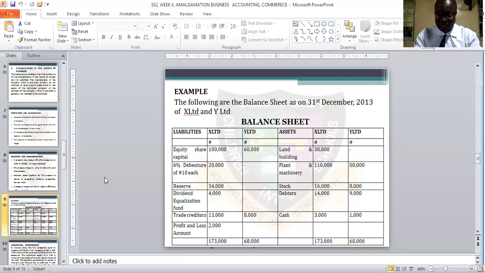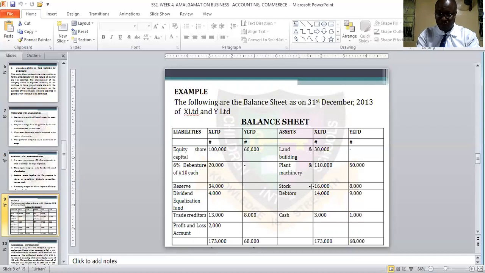Under the asset side, we have land and building. The land and building is 30,000 naira for S Limited, and Y Limited has no land and building. Plant and machinery for S Limited is 110,000, for Y Limited 50,000.